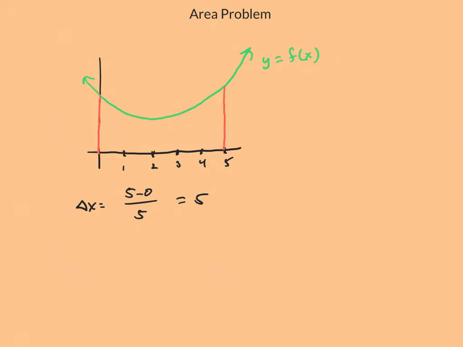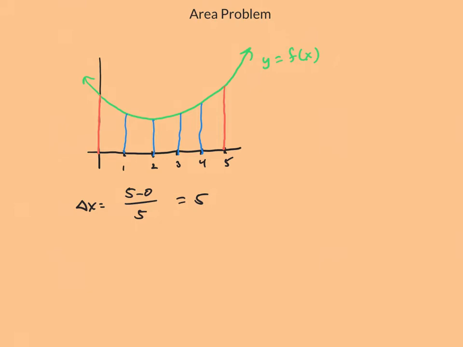So what I'm going to do then is draw in the rectangles. I have those lines, and those represent the left and the right endpoint for each side of each rectangle. Now the other thing is they're going to ask you to do either a left hand or a right hand endpoint sum.